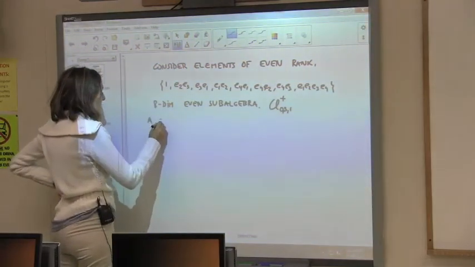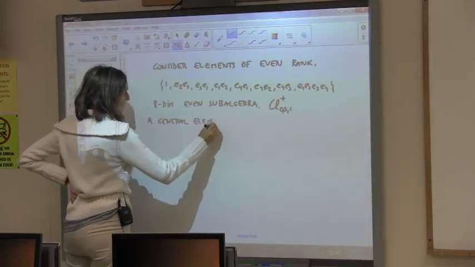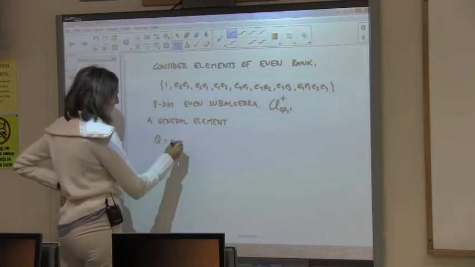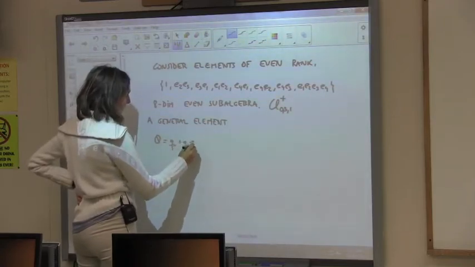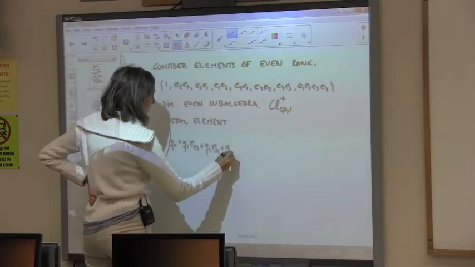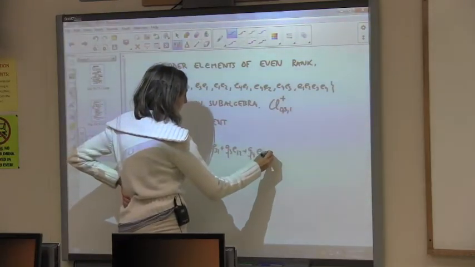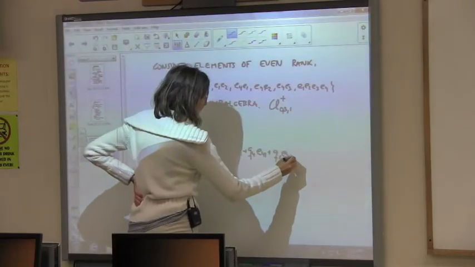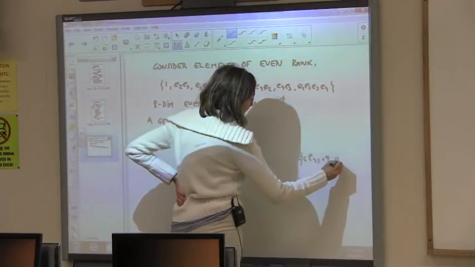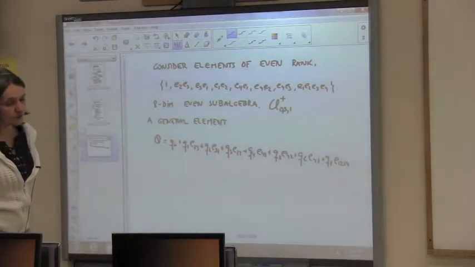So a general element Q will be Q0 times 1 plus Q1 E23 plus Q2 E31 plus Q3 E12 plus Q4 E41 plus Q5 E42 plus Q6 E43 plus Q7 E1234. That's a general element of the algebra.